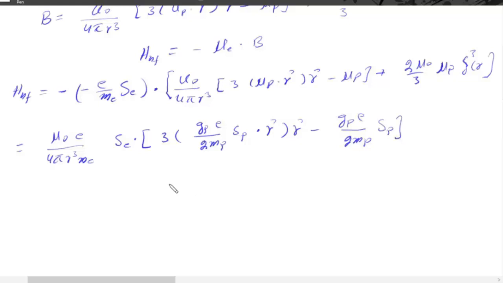Then plus this term is multiplied by this term, which is equal to 2 mu_0/3, and this term is m_e S_e, and then we put the value of mu_p, g_p e/(2m_p), and then the delta function.